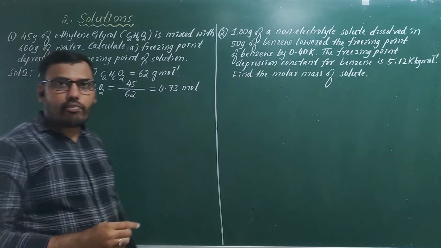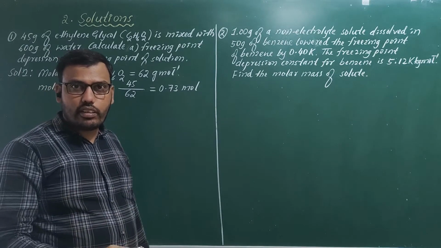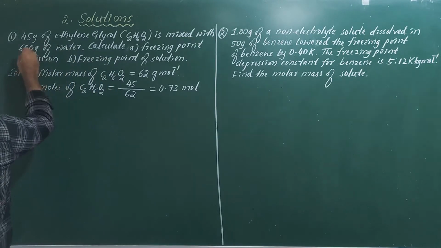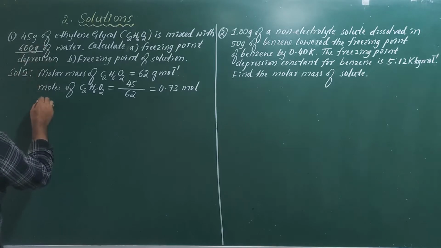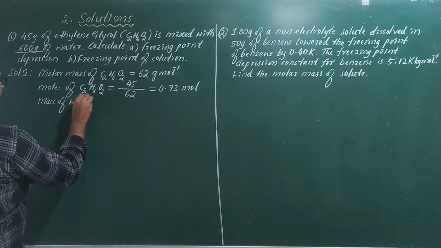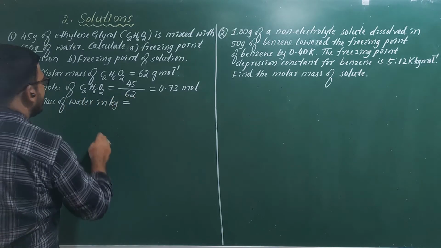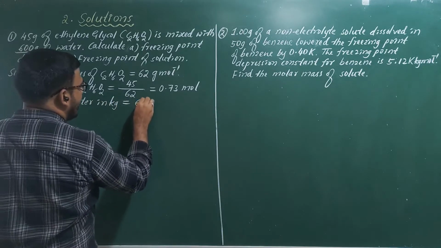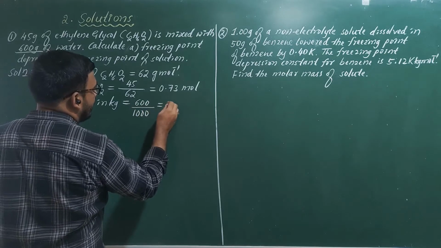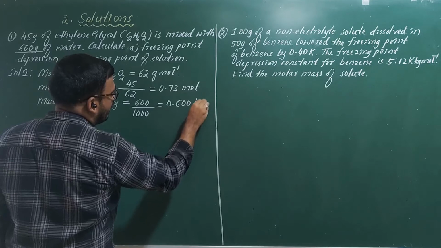So I got number of moles of ethylene glycol. For molality, moles of the solute divided by mass of solvent in kg. What is solvent here? Water, and the mass is given in gram. So mass of water in kg I have to take: 600 divided by 1000 is equal to 0.600 kg.